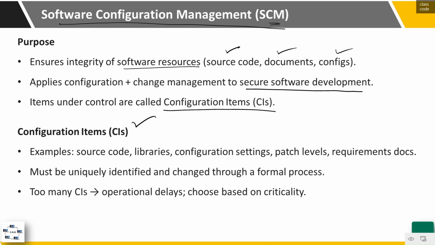Configuration items examples include source code, libraries, configuration settings, patch level, and requirement documentation. Configuration items must be uniquely identified and changed through a formal process. Too many configuration items result in operational delays, so we need to choose based on criticality.